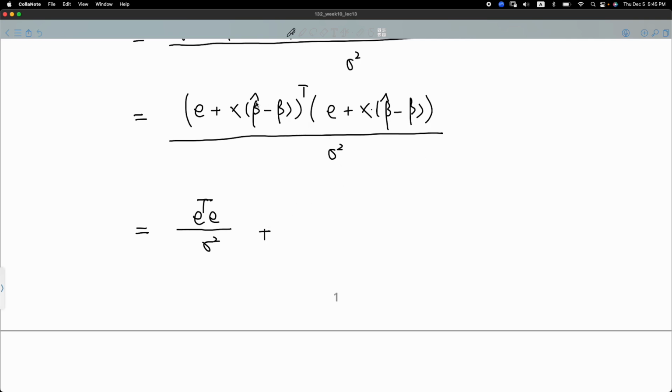The middle term is that you have two copies of e multiplied by that. So you will have this, but later we will show that this actually becomes 0. And then we have the quadratic forms.